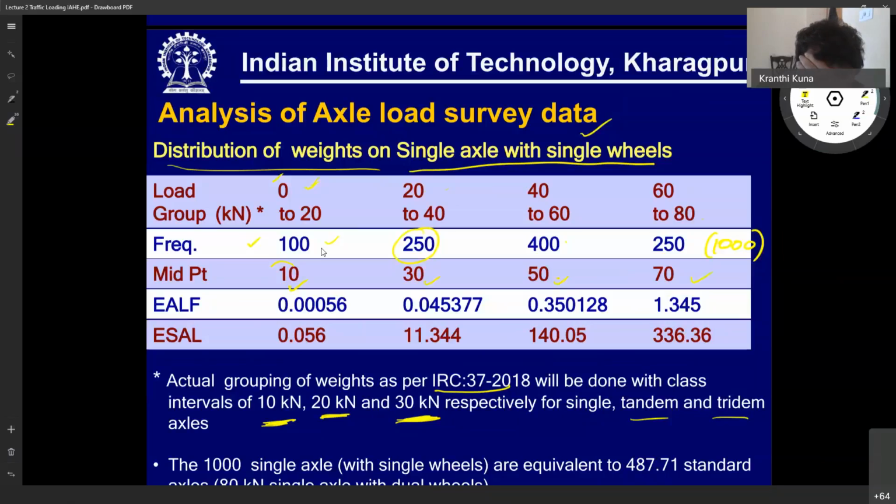Okay. Then now you want to calculate the damaging factor or equivalent axle load factor. Equivalent axle load factor is, for this one, I'm talking about this one. How much? 10 divided by what value should I use? I have given 65 here.